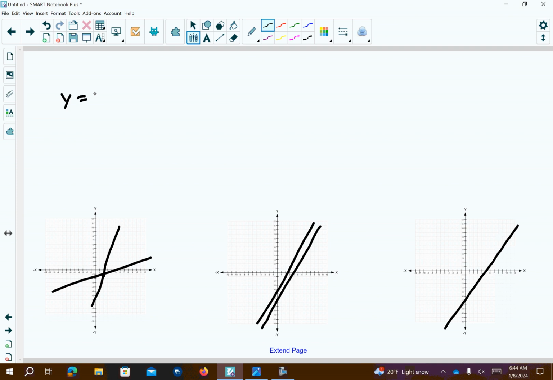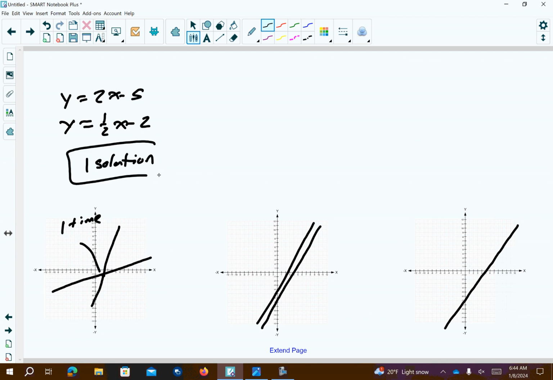They gave us y equals 2x minus 5 and y equals 1/2 x minus 2. So that's what this looks like. How many times do my lines cross? They cross 1 time. So that means we have 1 solution to the problem. This is like we've seen before.